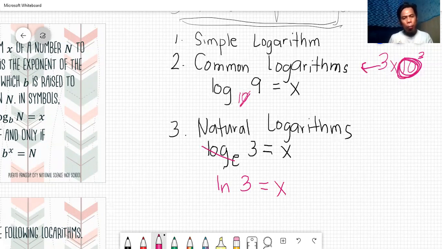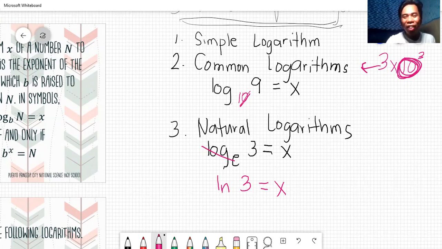Most people read this as ln. Ln of 3 is equal to x. It stands for natural logarithm, or logarithm in natural. So if we have ln of 3 is equal to x, it is understood that we have a logarithm with the base e. So what is e? You keep asking me, right?